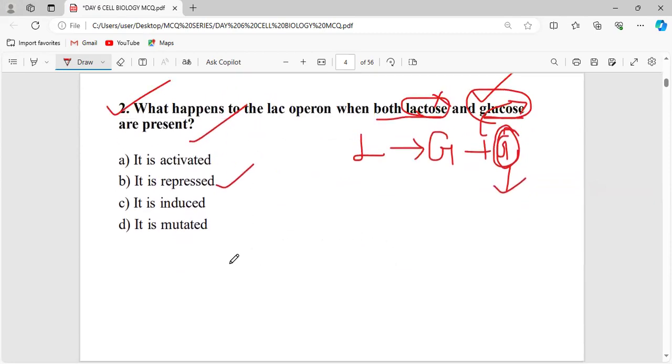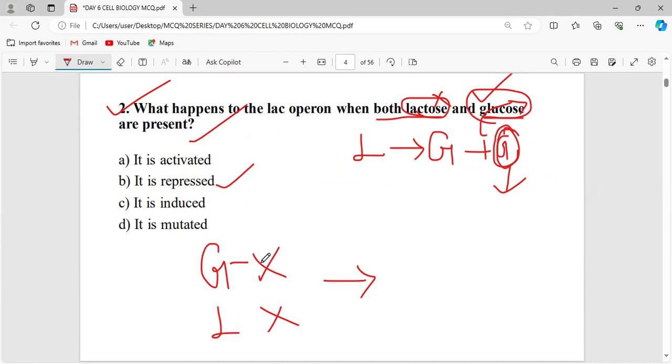Now, if the glucose is absent, and the lactose is absent, will the lac operon be turned on or turned off? Turned off.